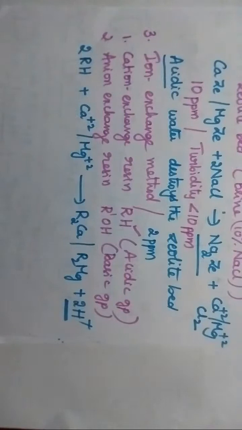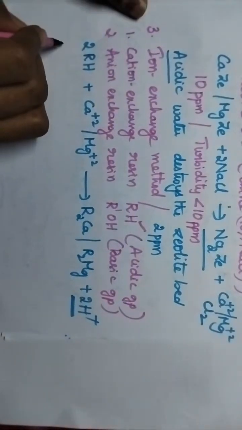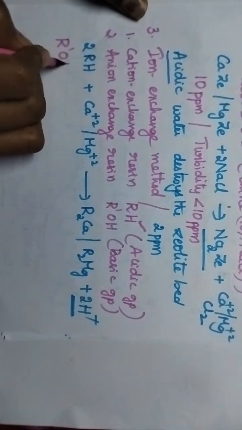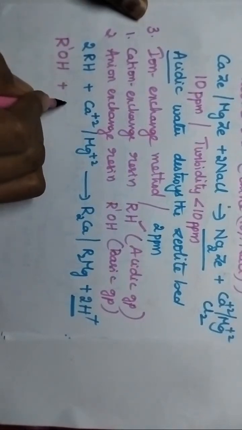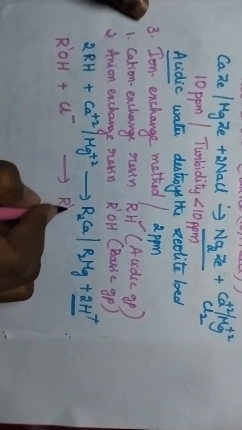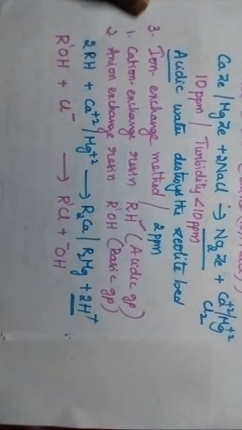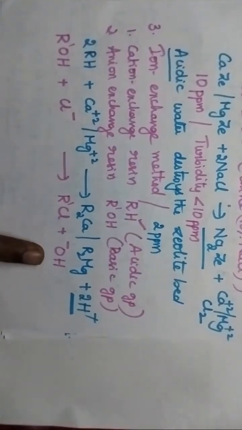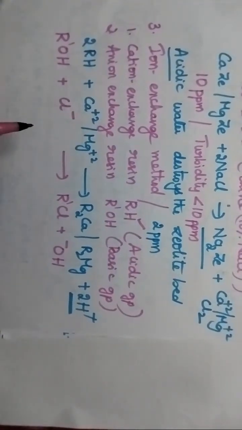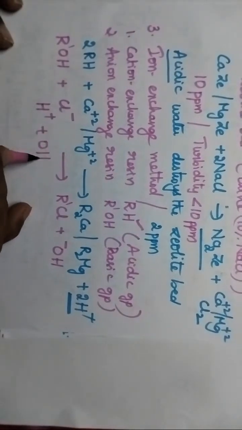And when water is passed through the anion exchange resin, that is R'OH, let us suppose that chloride ions are present, then it results in the formation of chlorides and OH minus ions. So now water contains H plus and OH minus ions.